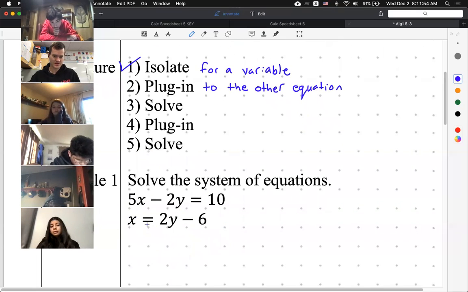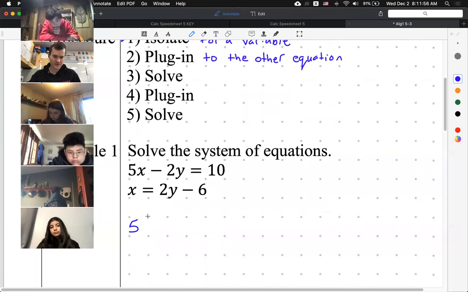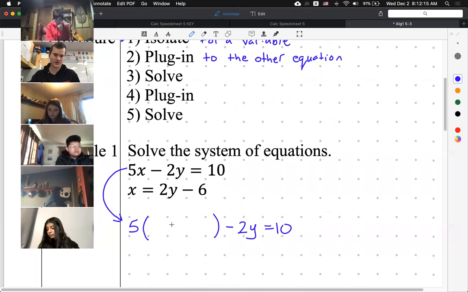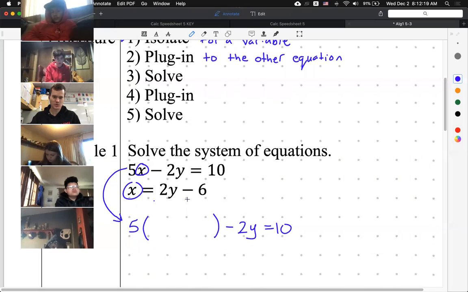This was 5, this giant set of parentheses was the x, so I just wrote 5x, and then I'm going to keep rewriting the rest of this. Minus 2y is equal to 10. This is the exact same equation, except I've left x as a big empty set of parentheses, ready for my substitution. And what is x? X is 2y minus 6.